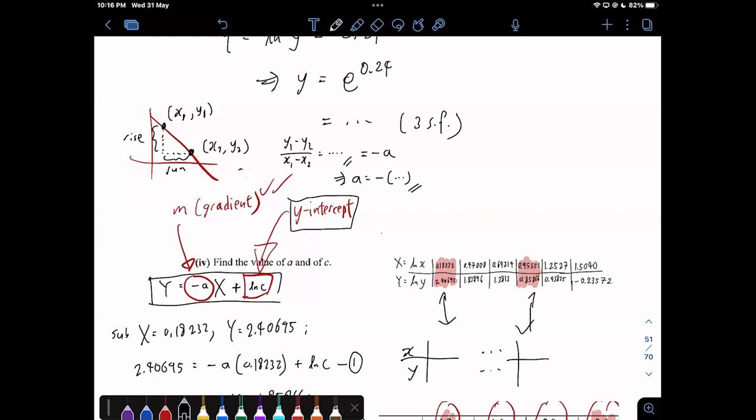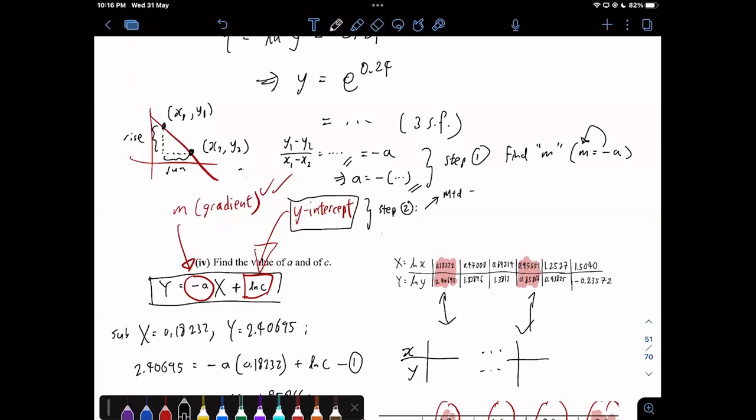At this stage, there are two cases. Usually what you do is this as your step one. Find the m. In this case, m is equal to negative a. Then from there, you have to solve for a, times negative 1 over. Then your step two, there are two approaches.